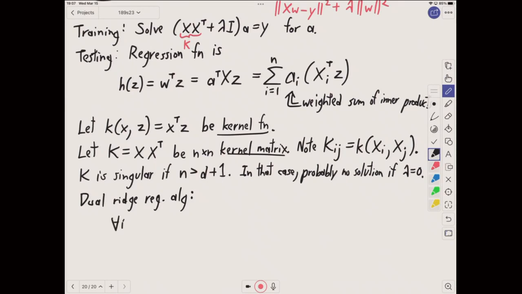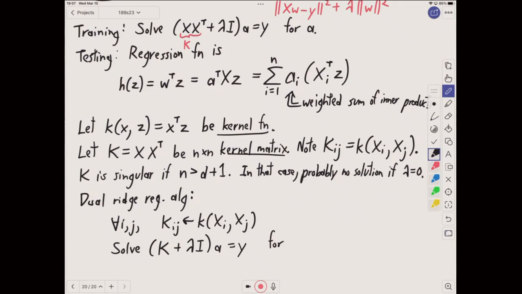The first step is we explicitly build the kernel matrix by computing each entry with this kernel function. Then we solve our linear system again. But remember XX transpose, now we can just write that as K, the kernel matrix. So we solve that for A.